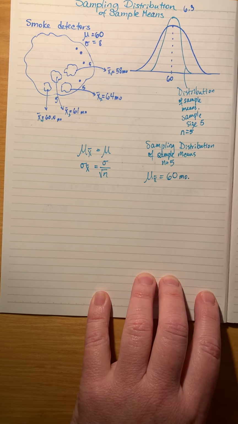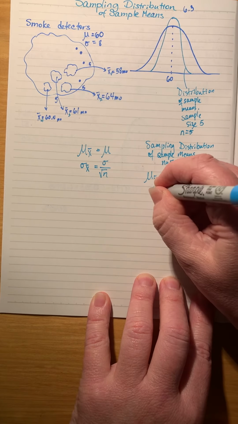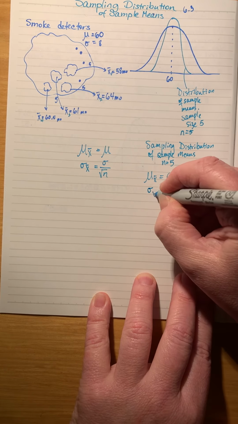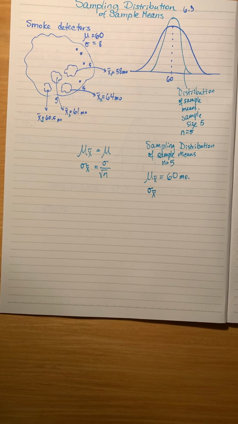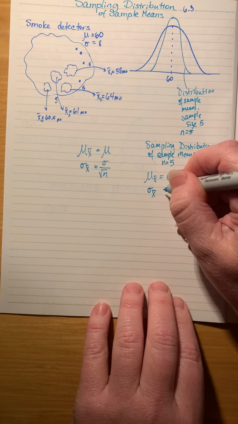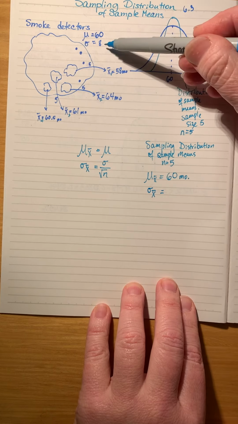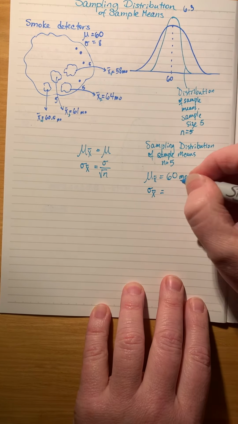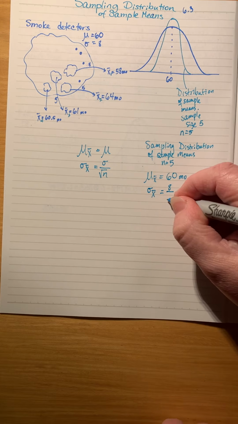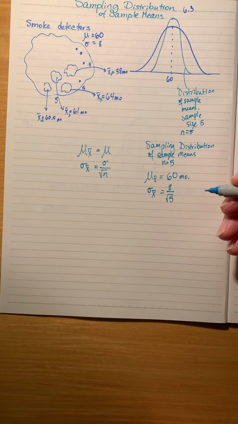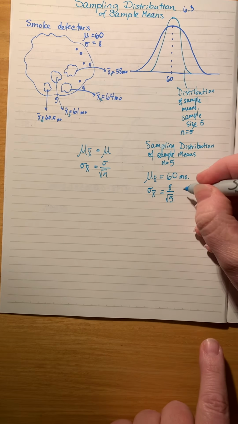Now, what is going to be our standard error? Our standard error, which is the standard deviation of all the sample means, is going to be the standard deviation of the population, in this case 8 months, divided by the square root of 5, because this is the sample size for me.